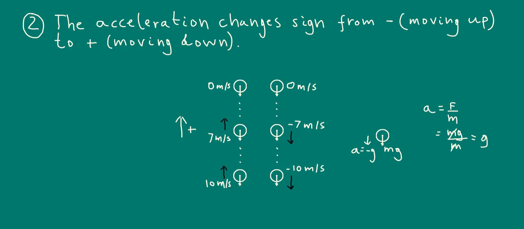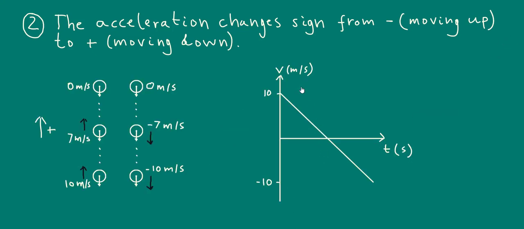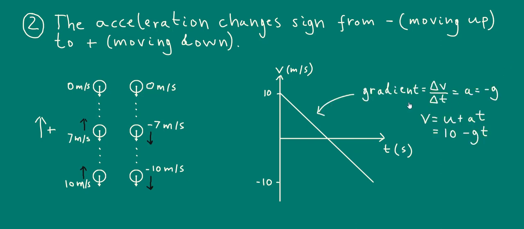Another way to see this is to examine the velocity time graph of the ball throughout its motion. You can see here that the initial velocity of the ball is 10, and when it finally reaches the same starting height, having come back down, its final velocity is minus 10. And you can see that it's just a straight line. Recall that the gradient of a velocity time graph corresponds to acceleration. It's a straight line with a negative slope.